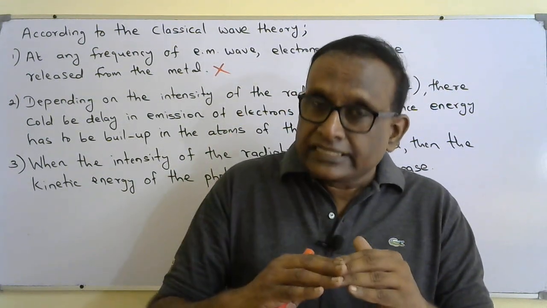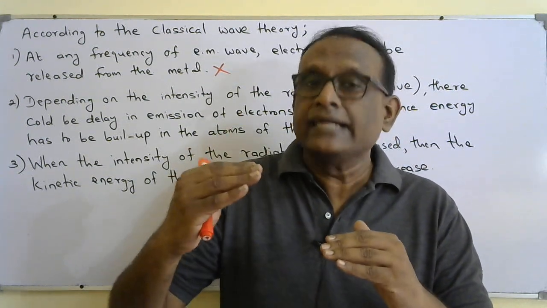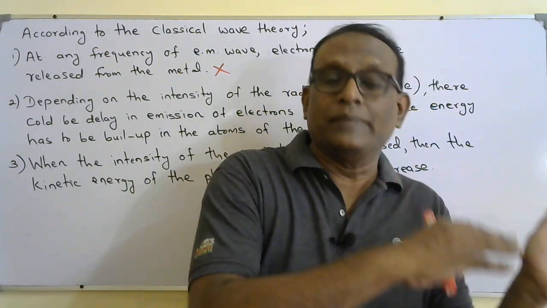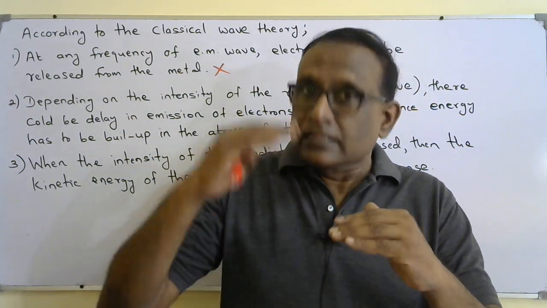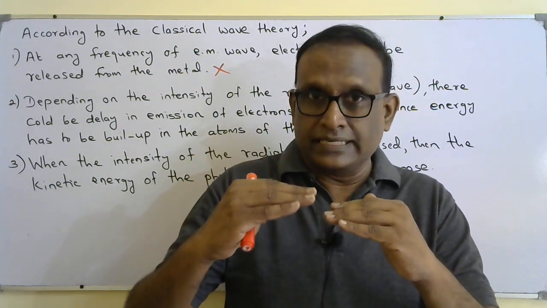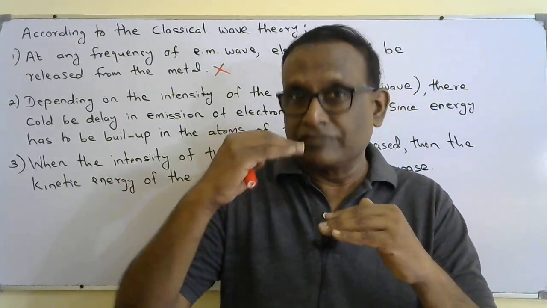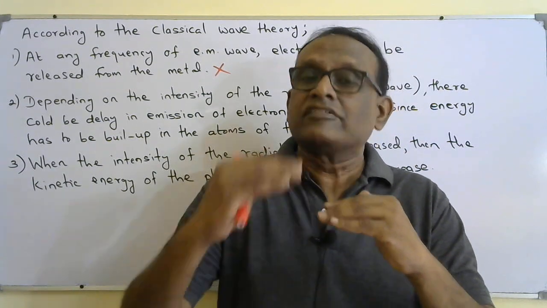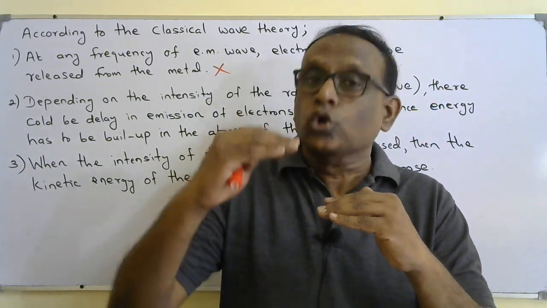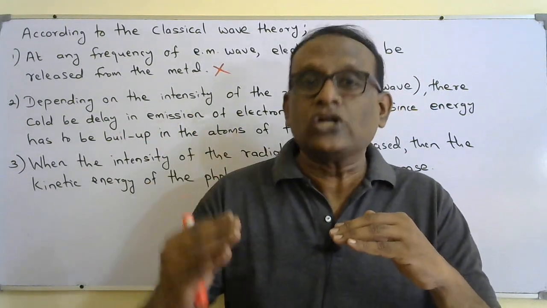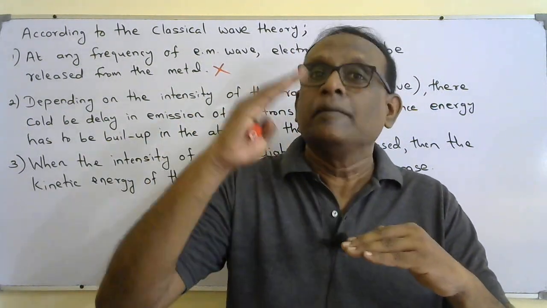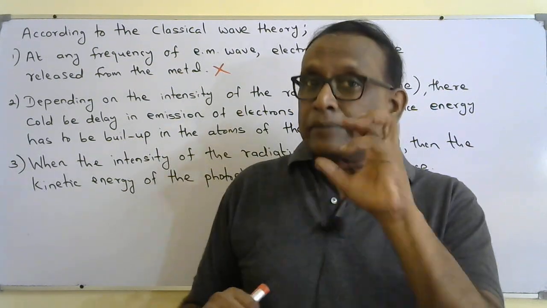That means for different types of metals, the required minimum frequency will be different. But for a particular type of metal, there is a minimum frequency to release electrons. Frequency means the frequency of the electromagnetic radiation. If the frequency of the electromagnetic radiation is lower than that specific value, that particular radiation cannot release electrons from that particular metal. That's a practical observation.